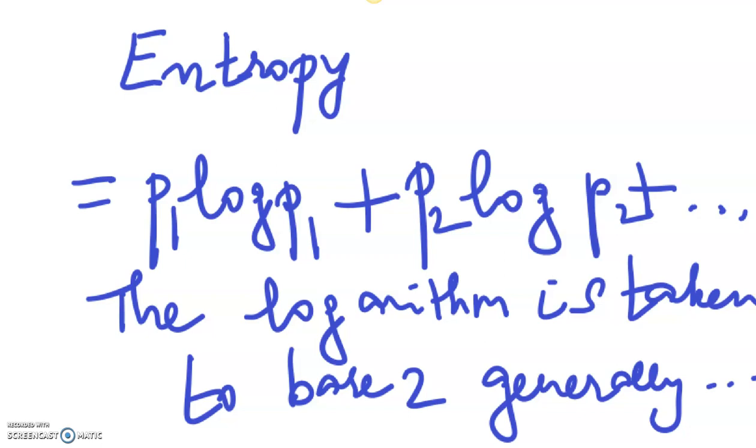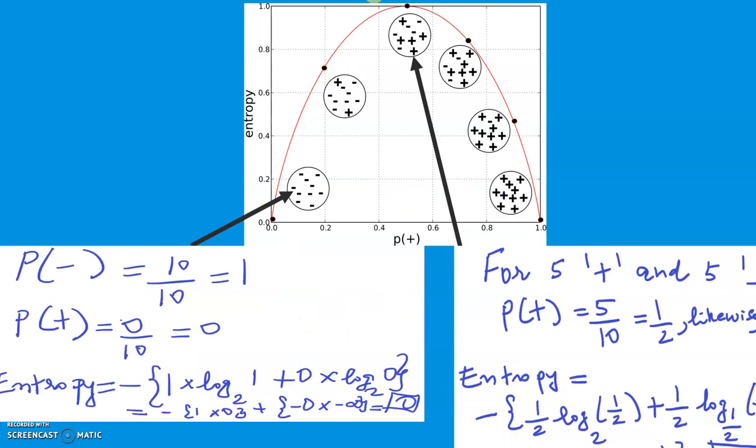The logarithm is taken to base 2 generally, and this formula is a little bit abstract and may not immediately convey the intuition behind entropy. But you can think of entropy as a measure of the purity of a set, and again this is easily illustrated through a very nice picture like so.